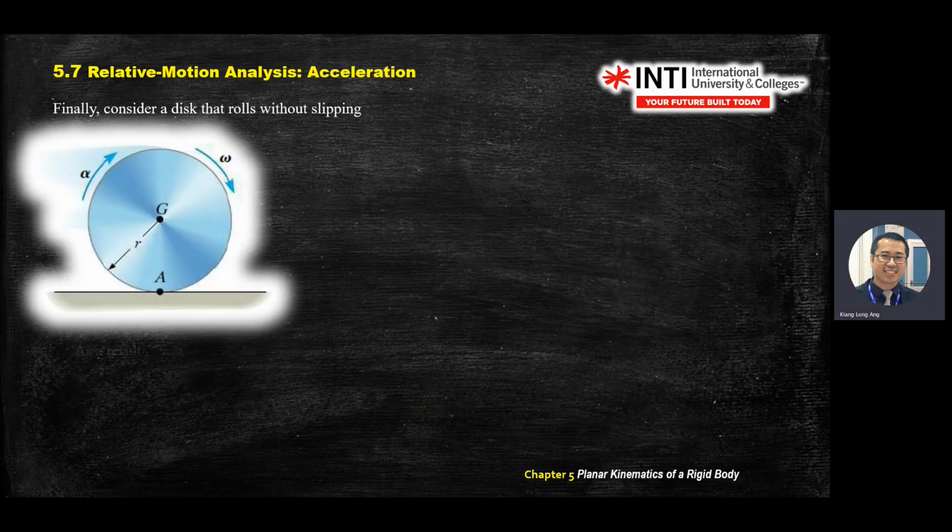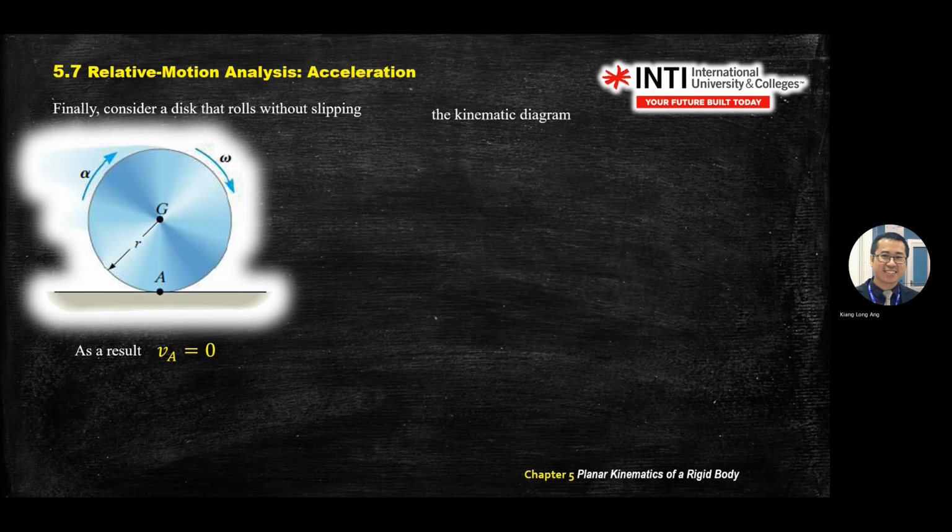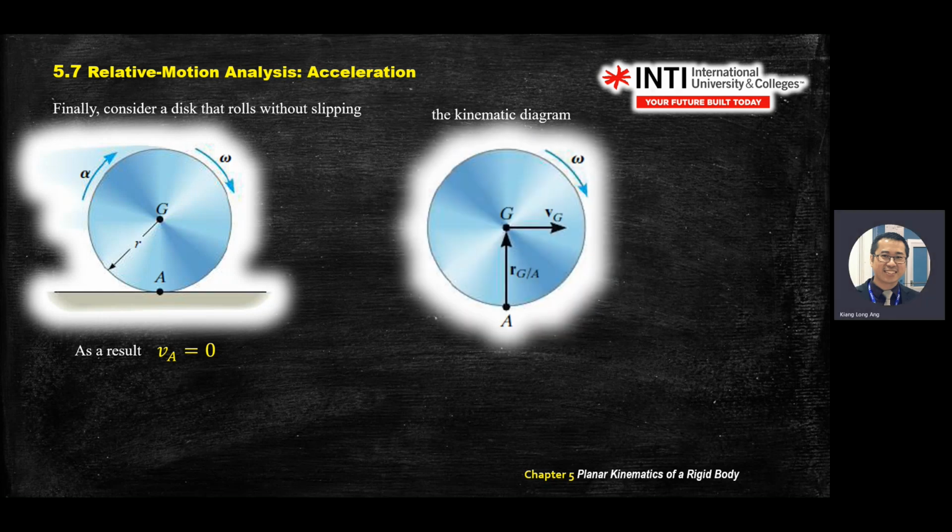Okay, so then this that you see, VA will be 0 without slipping. So your kinematic diagram will be from the gravitational center.